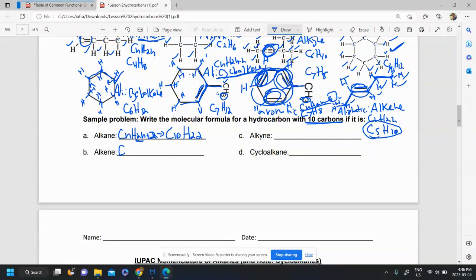Alkenes, that is CnH2n. So our alkene with 10 carbons would be C10H2n, so H2 times 10, 20. Alkynes, CnH2n minus 2. So that would be C10H. So 2n is 20 minus 2, 18.